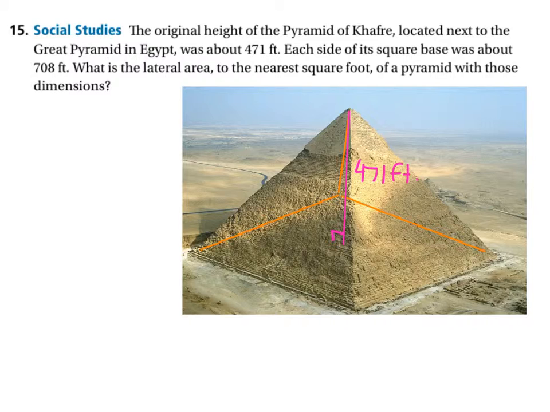Now, each side of a square base is about 708. So this right here we can label as 708 feet.